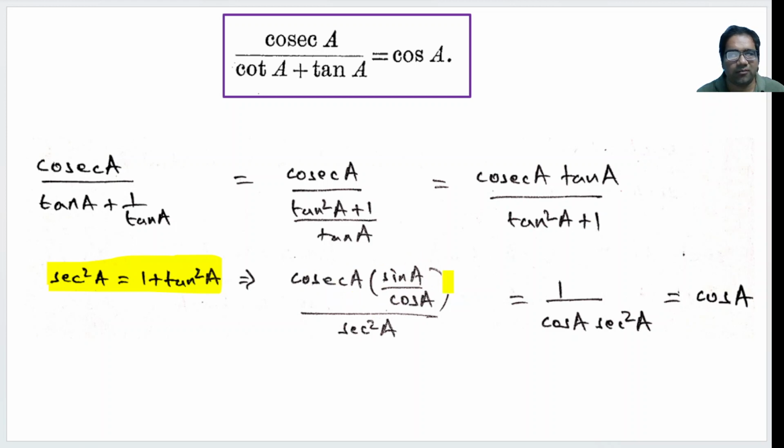We'll be left with 1 by cos A into secant square A. But secant A is again 1 by cos A. So one of the secant A we can cancel with the cos A. So we'll be left with 1 by secant A, which is equal to cos A. We did very basic algebraic manipulations and we just used this one extra relation. Let us look at one more problem.